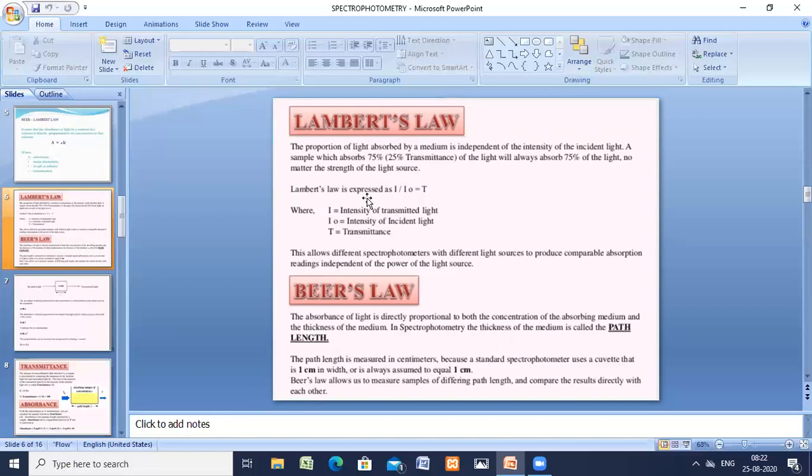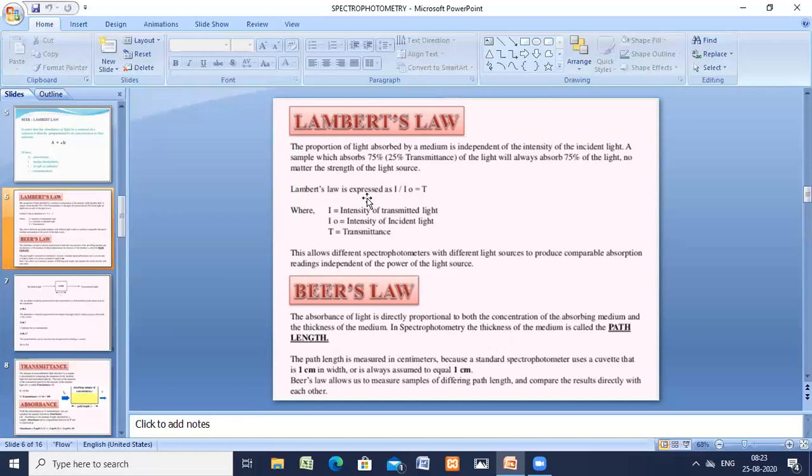So minus dI by dt is proportional to I, minus dI by dt is equal to kI. So ln I0 by It is equal to kt, or It is equal to I0 into e power minus kt.